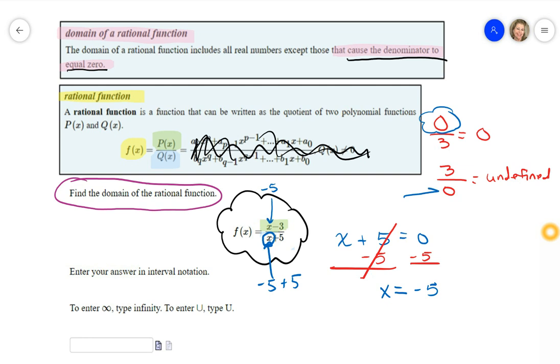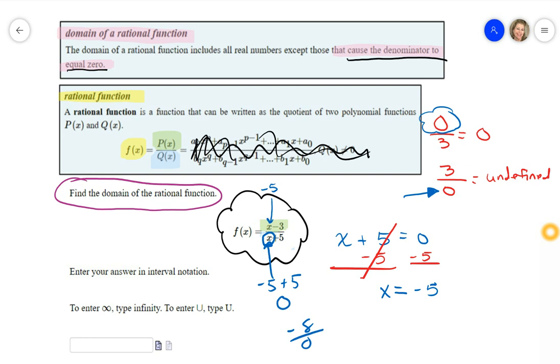It's when the denominator is 0 that you've got a problem. So negative 5 plus 5 is 0. The numerator would be negative 5 minus 3, that's negative 8. So I'd have negative 8 over 0, but that is still undefined.